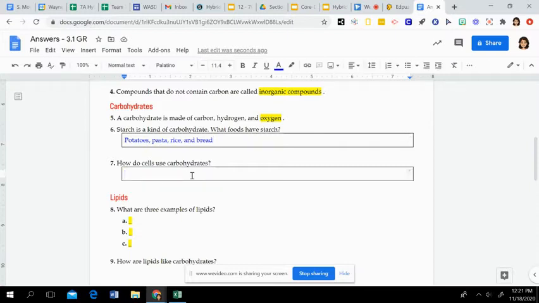The cellulose that makes up the cell wall in plants is a type of carbohydrate. And then it's also found in cell membranes.